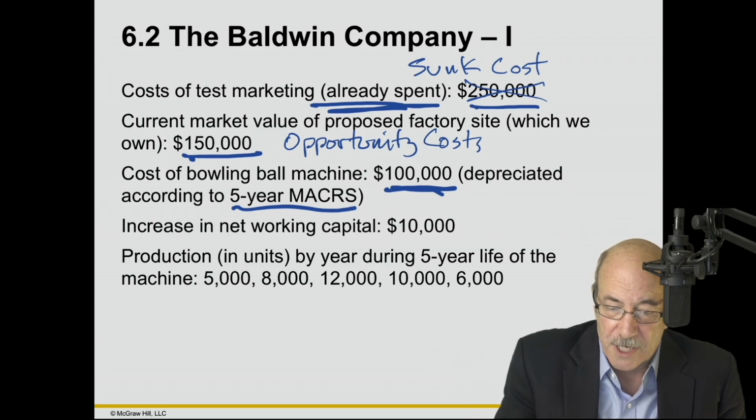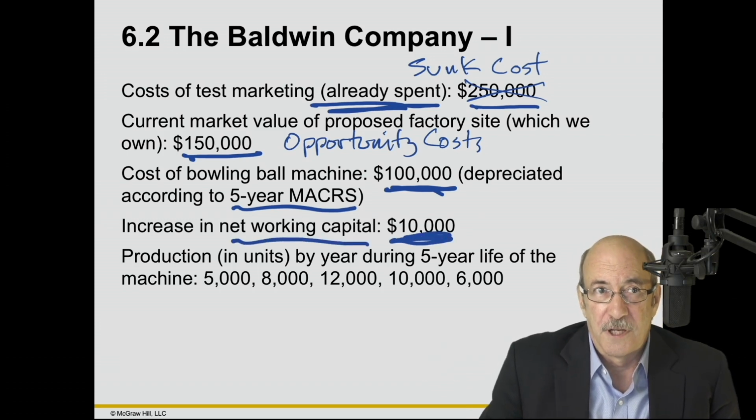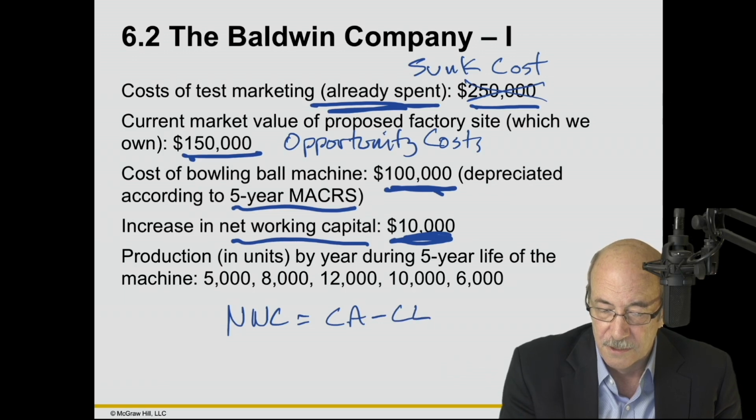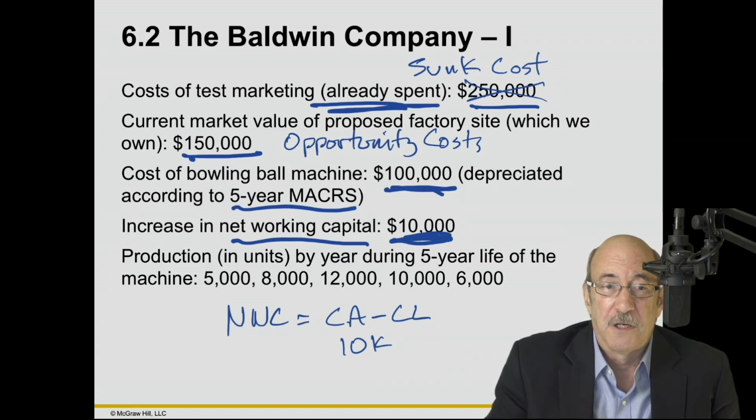Increase in net working capital, NWC, of $10,000. We're looking at NWC equals CA minus CL, just telling us that the current assets are expected to be $10,000 more than the amount of current liabilities with this new project in mind.